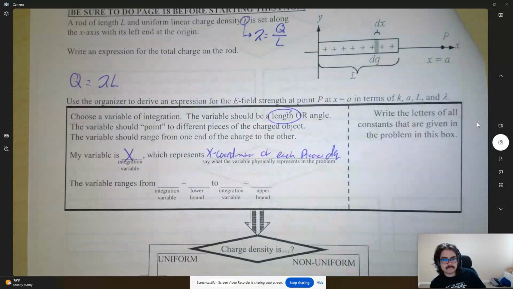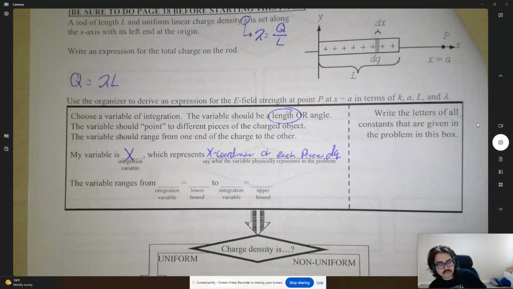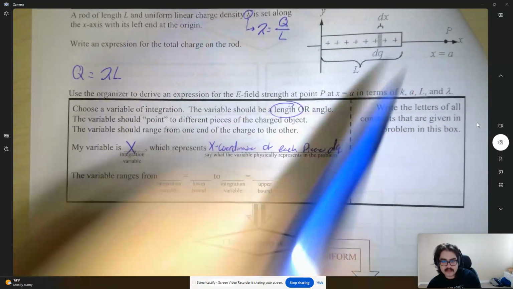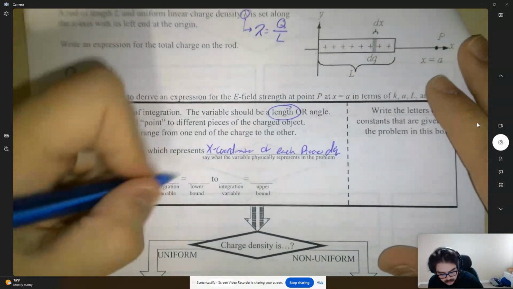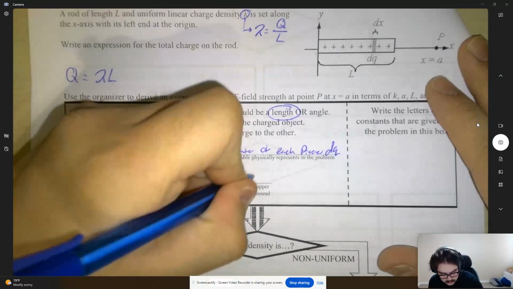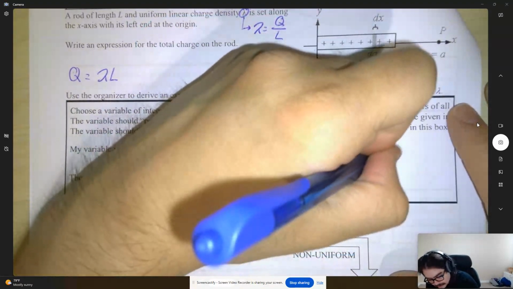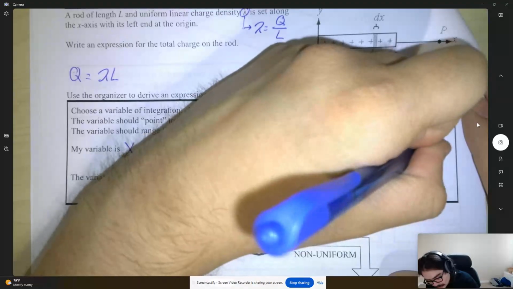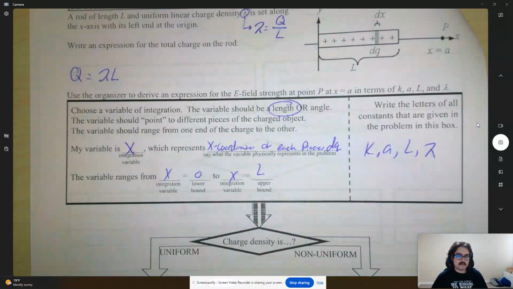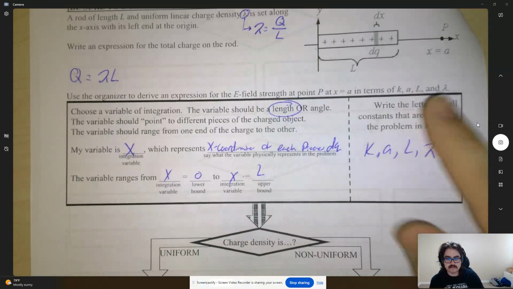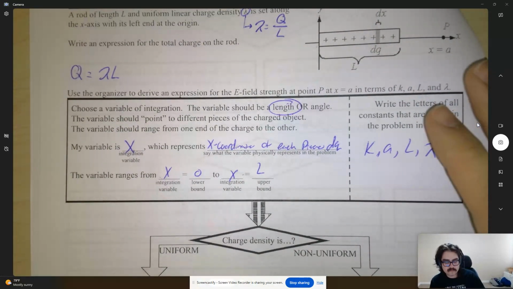And to sweep through the whole rod, I need to go from the x coordinate of 0, the origin, all the way to where L is. So I'm going to go from x equals 0 to x equals L. And what I can use is k, a, L, and lambda. You're probably going to see me use Q in here at one point as well, but we don't need to list that because it's not what we need our answer to be in terms of.